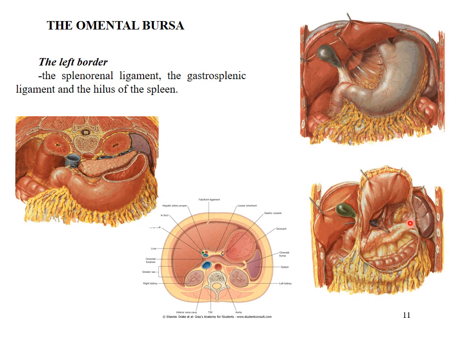The splenorenal ligament, or pancreatic ligament, and anteriorly the gastrosplenic ligament, and this is the hilum of the spleen, and this is the left margin of the omental bursa, or left border.